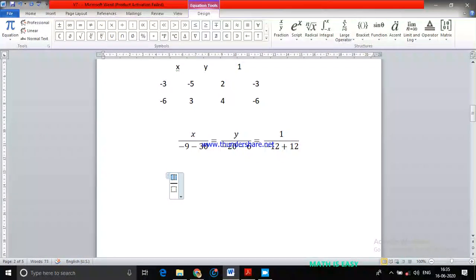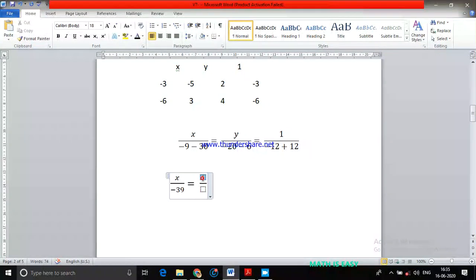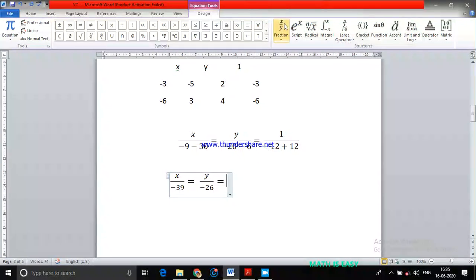Yeah, so here you will get x upon, see the denominator what you get, minus 30, minus 9 will be minus 39, which is equal to, here you will get y upon minus 20 minus 6, it will be minus 26, which is equal to, so here you will get 1 upon, what do you get, minus 12 plus 12 will be 0.